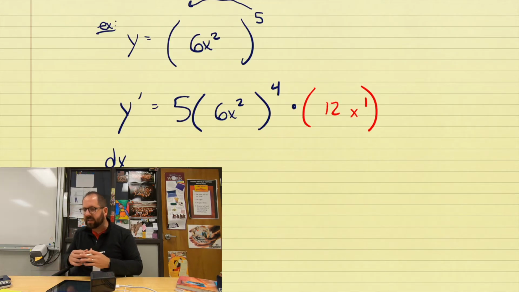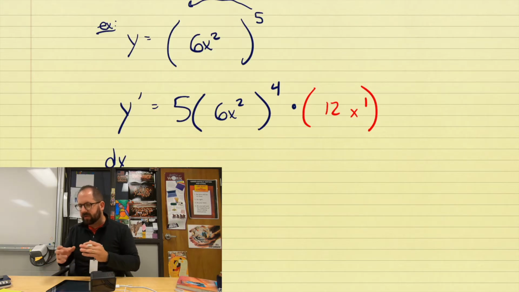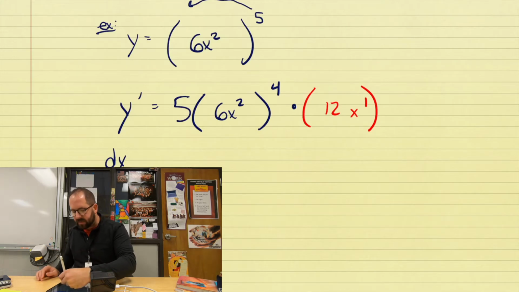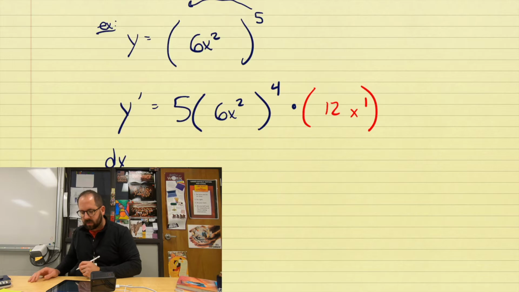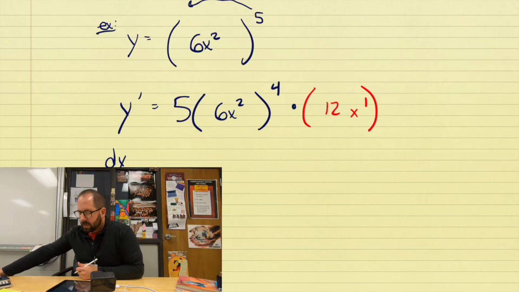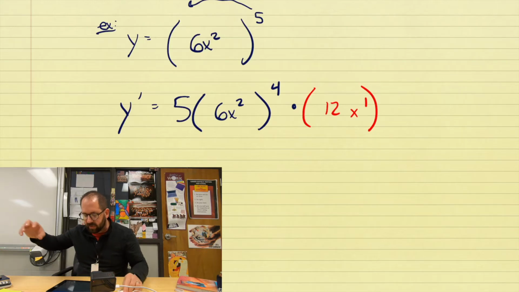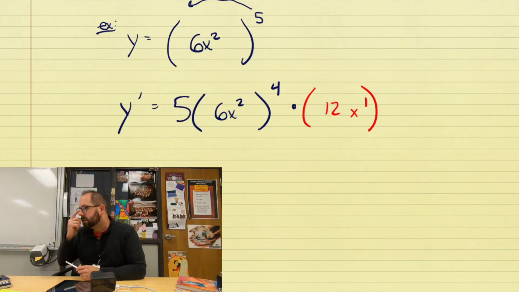And then if there's anything inside that x, maybe that was a parenthesis, you'd have to take that times the thing in the back. But I don't have anything inside of the x, it was just an x. So technically it's a 1, derivative of x is 1. But that's your answer. That's it. That's what I want you to write. That's the whole answer right there. That's the derivative of the outside times the derivative of the inside.